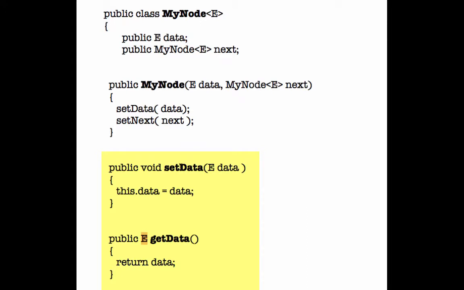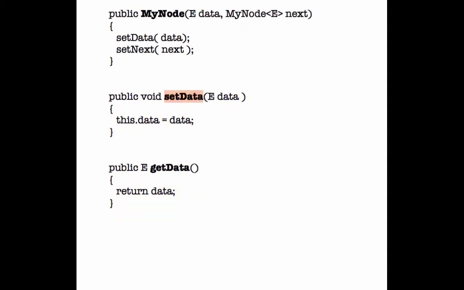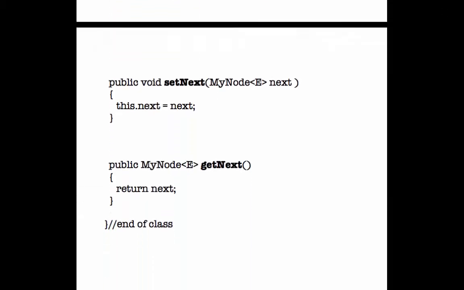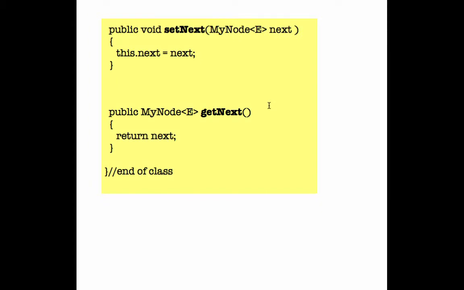If I decide to change the value of that object, I use the mutator setData. Finally, setNext and getNext deal with the other field, the reference to the next node. setNext is a mutator that assigns a given new reference to the current next, and getNext is my accessor that simply returns the reference called next.